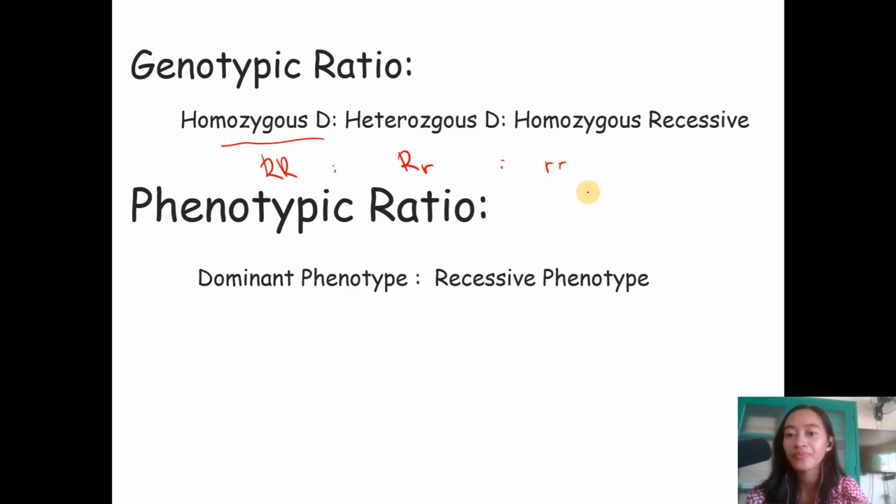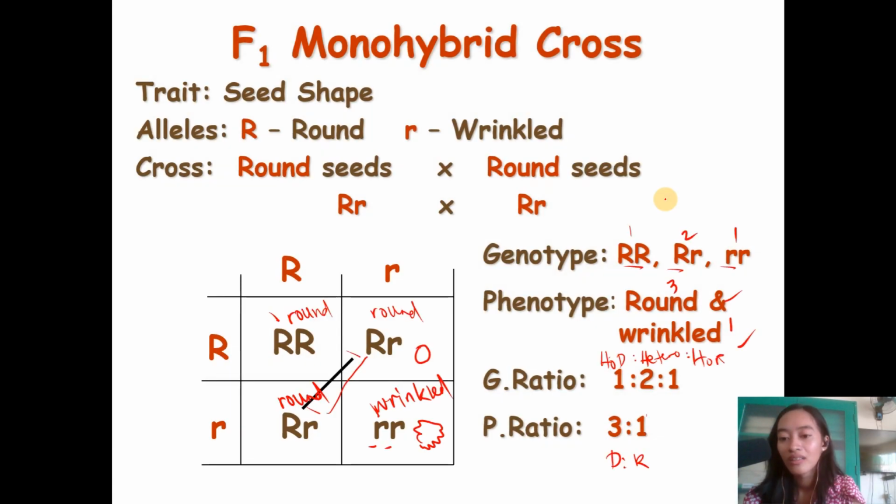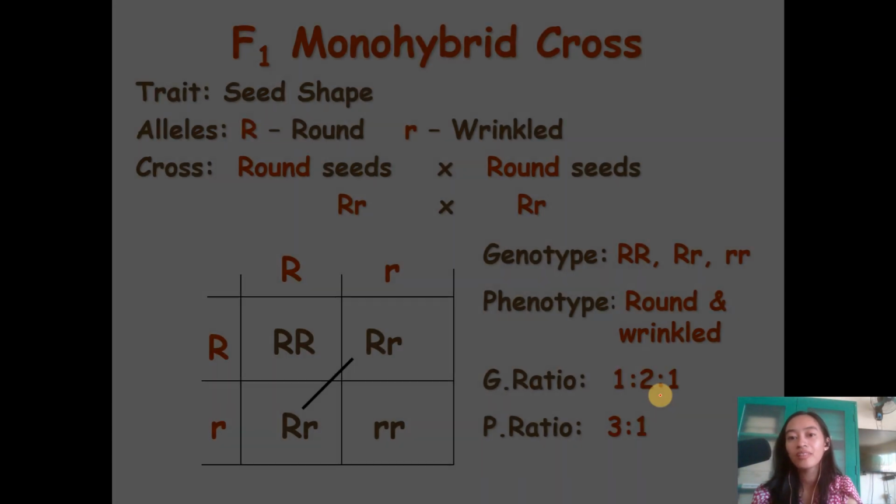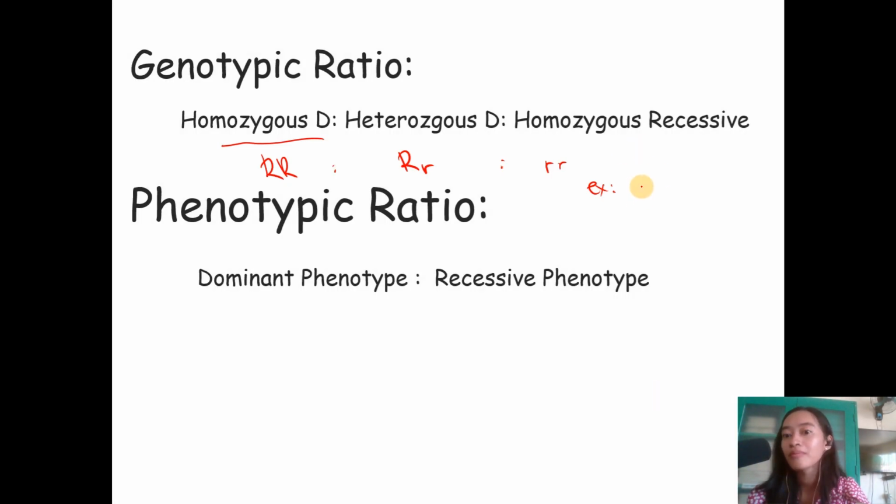For example, 1 is to 2 is to 1. So, ihapon ninyo pila ka buok all capital letters, pila ka buok lahi-lahi letters, pila ka buok gagmayng letters. For phenotypic ratio, just the ratio, pila ka buok ni gawas nga dominant phenotype. So, tulo to ka round. Unya, pila ka buok ni gawas nga recessive phenotype. So, usa ra to ka wrinkled.